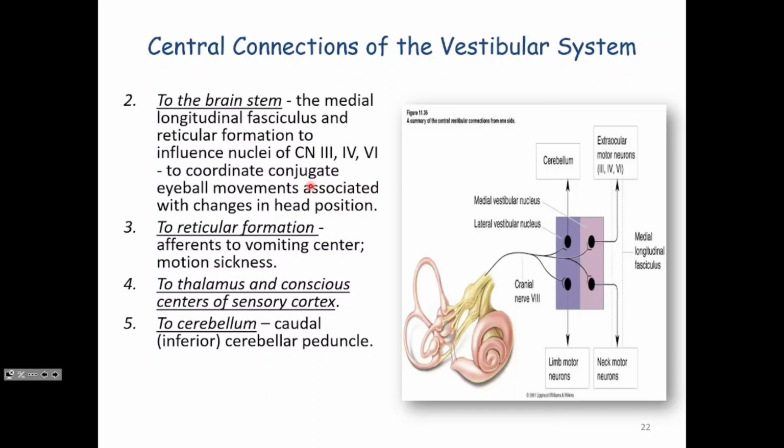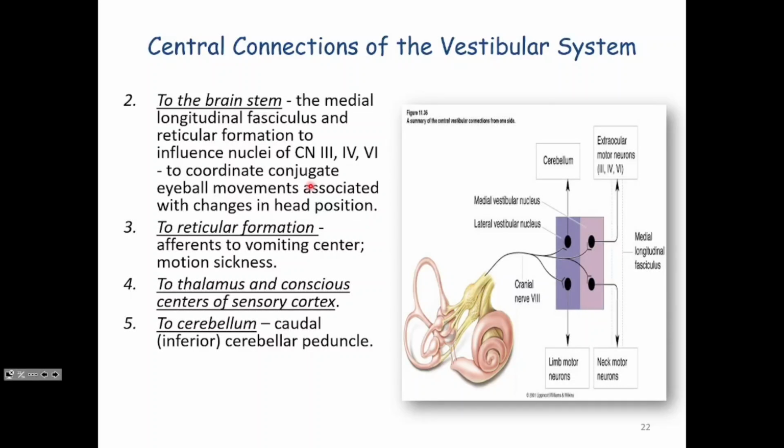Then it also connects to the thalamus and conscious centers of the sensory cortex. It is connected to the reticular formation. So it is important for your consciousness because through the vestibular apparatus it is going there. That's why when you try to wake somebody up, you move their head. That gives signals to your reticular formation, and it is important for your consciousness and other things.